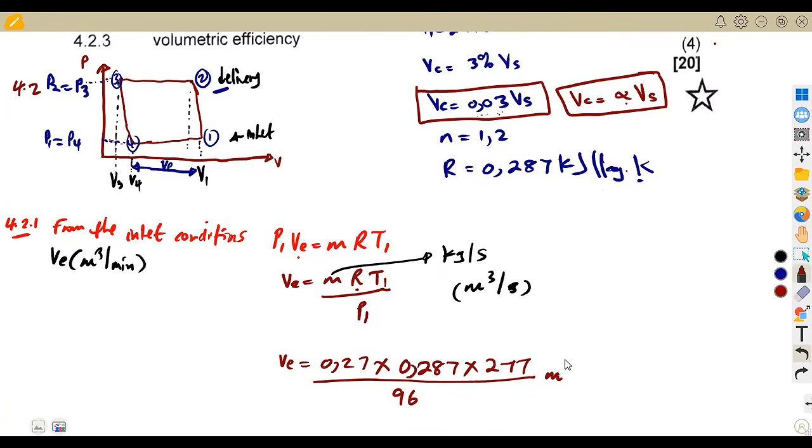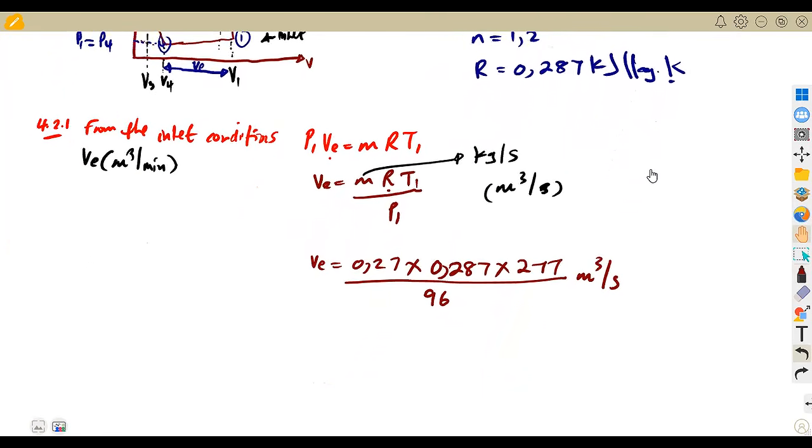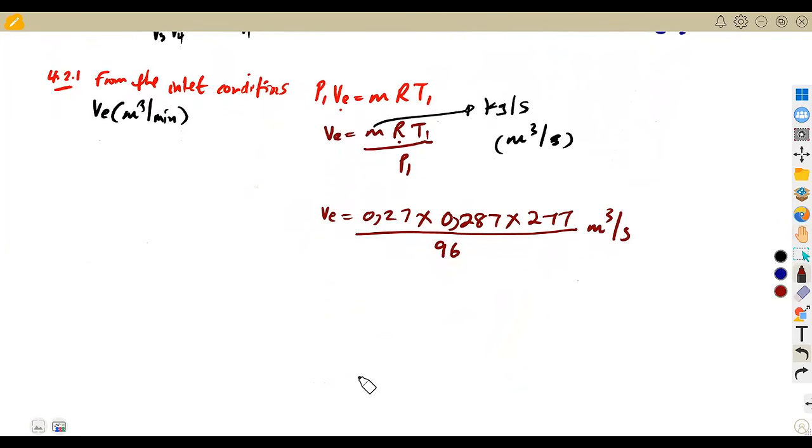Like I said, our answer is going to be in cubic meters per second. If we simplify this, we have our effective volume as 0.22359 and so on, in cubic meters per second.